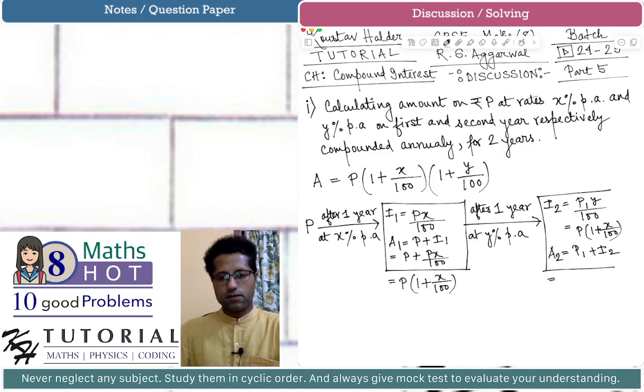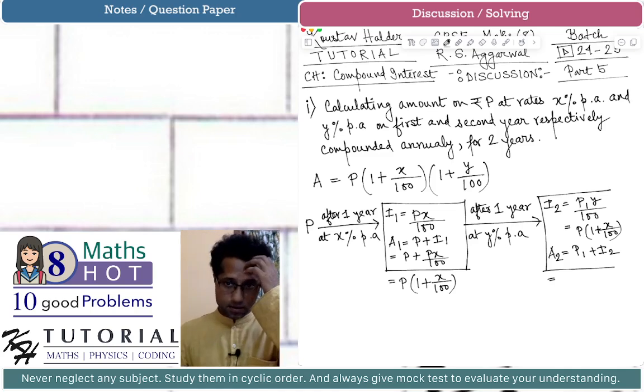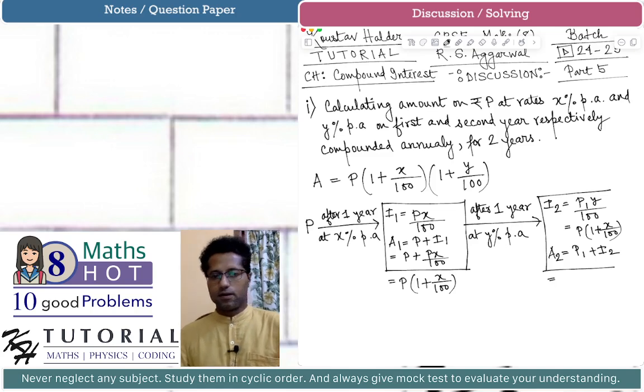P1 is the current principal to be applied while calculating the compound interest at the end of the second year, and the current principal will be equal to the amount that was formed at the end of the previous year, which is equal to A1. So basically P1 is equal to A1.